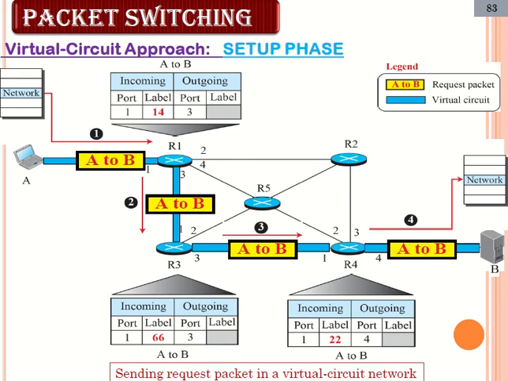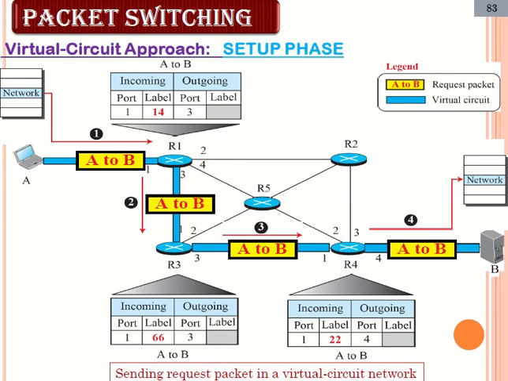However, the router assigns the incoming port, that is here you can see in this table, 1, and chooses an available incoming label. So here the incoming label available is 14 and the outgoing port 3. So this has been entered in the routing table.